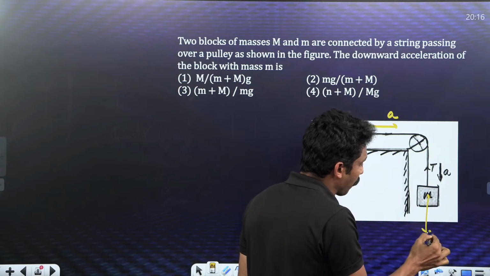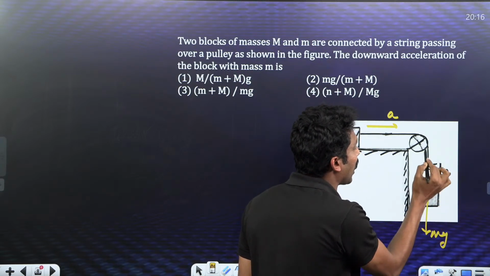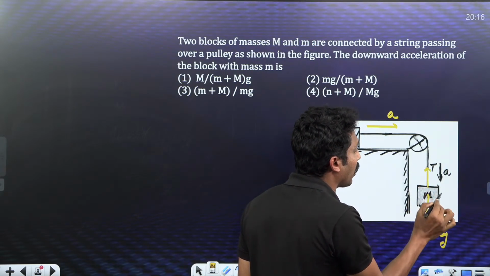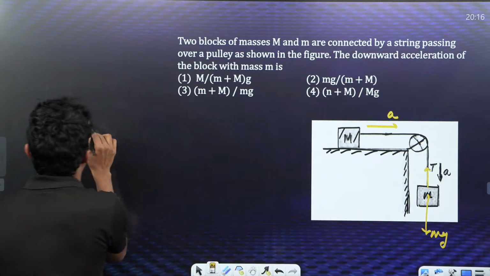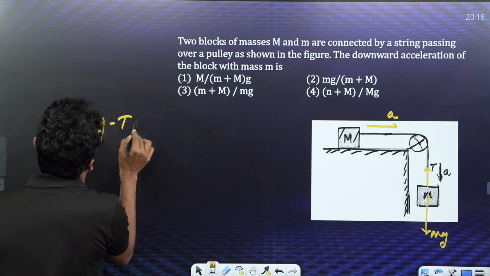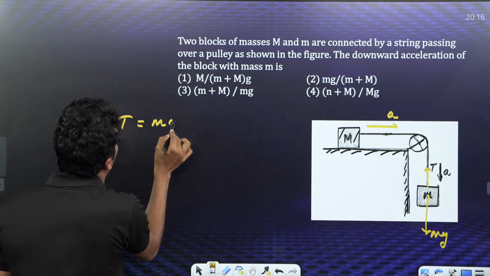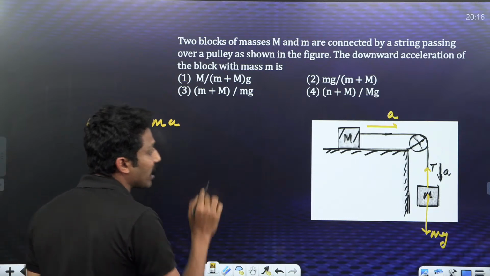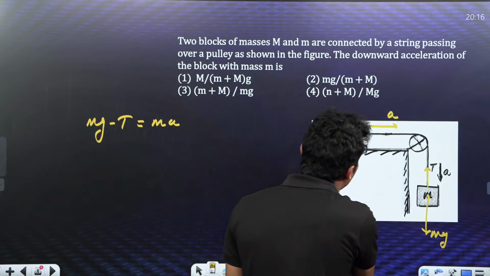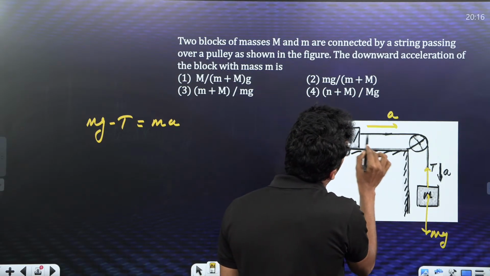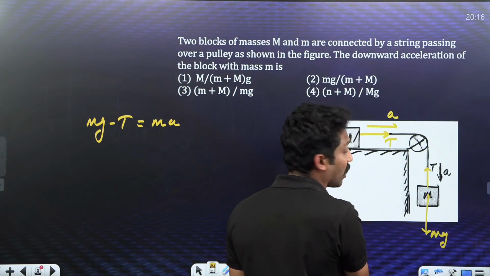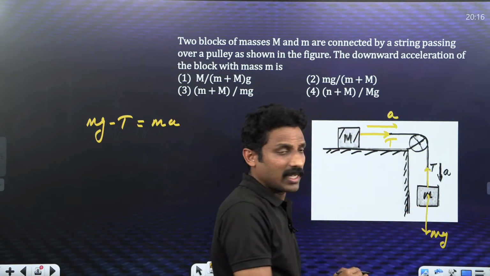See, mg force is acting downward and tension acting upward, and the net force is mg minus T. This is equal to mass of the body into acceleration. This is one equation. And when we observe here, what are the forces? In this way tension T is acting, the same tension in the same string.